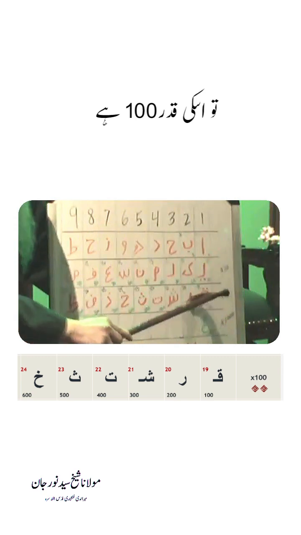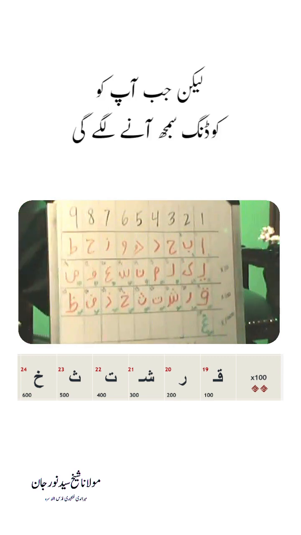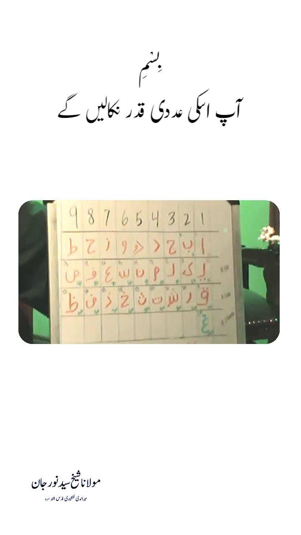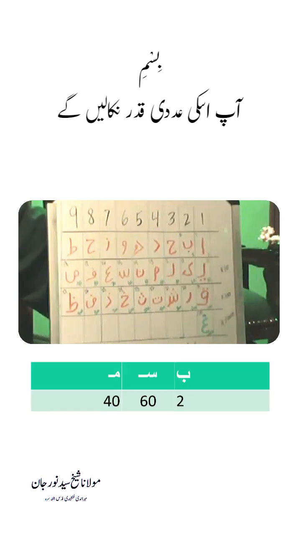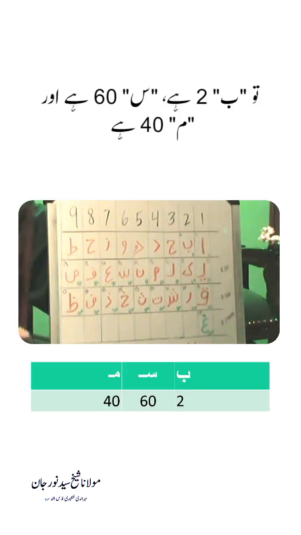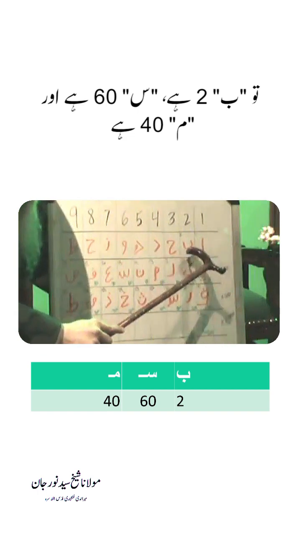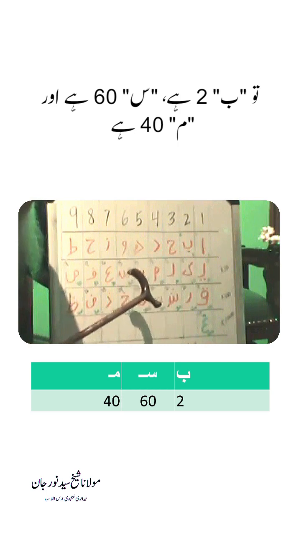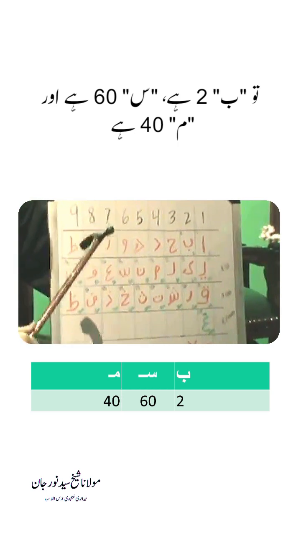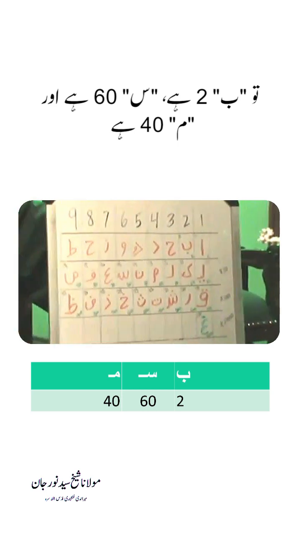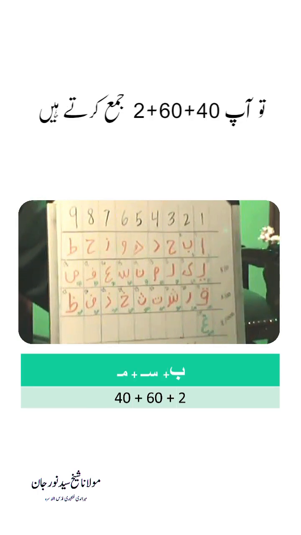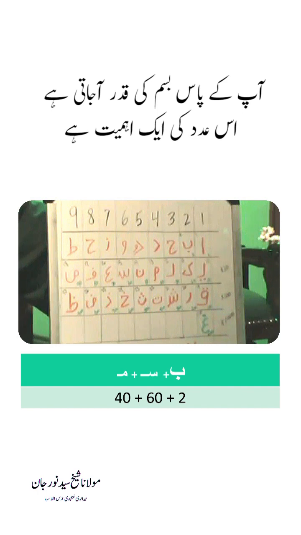But then, once you begin to understand the coding, when you look at a word, bi'ismi, you take the numeric value. So the ba, you put 2, because it's a place of 2. Sin, 60. Mim, 40. So you add 2 plus 60 plus 40. That gives you the weight of bi'ismi.